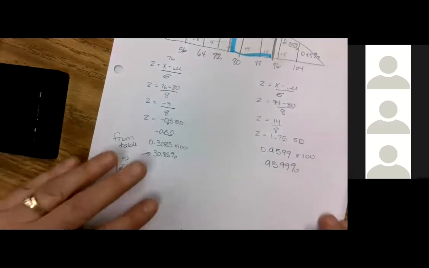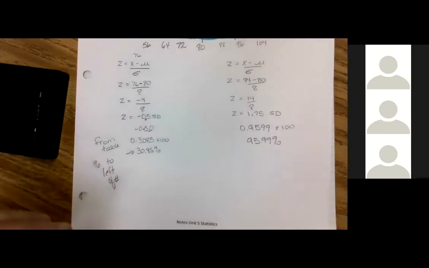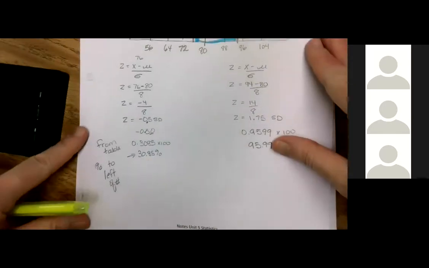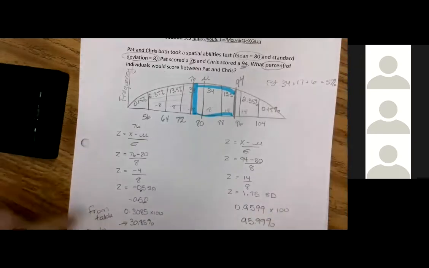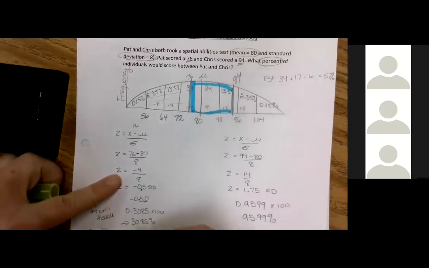Well, now I'm kind of screwed. Whoops, sorry, that's on tape. What am I going to do with it? Well, I'm going to make a terrible mess with my picture here. My first answer, this 30%, is this part of the graph.